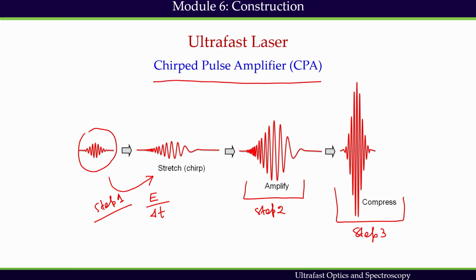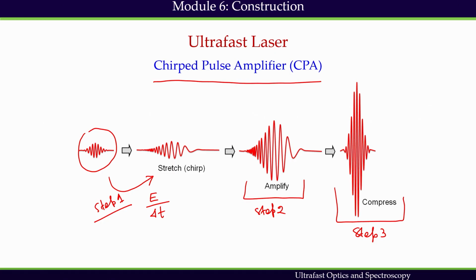CPA scheme can increase the energy of a short pulse while avoiding very high peak powers in the laser amplification process. This is done by lengthening the duration of the pulse being amplified. By lengthening the pulse in time, energy can efficiently be extracted from the laser gain medium while avoiding damage to the optical amplifier.